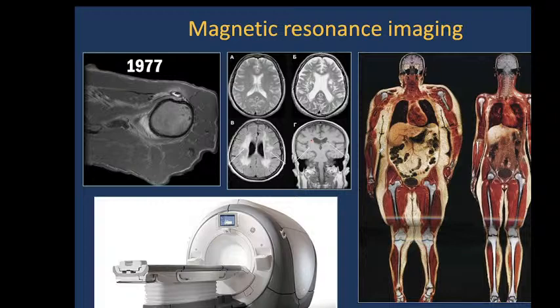Usually doctors use CT scan when they need to examine bones and contrasted blood vessels, but they prefer MRI examination when they want to see soft tissue, muscles, skin, and internal organs.